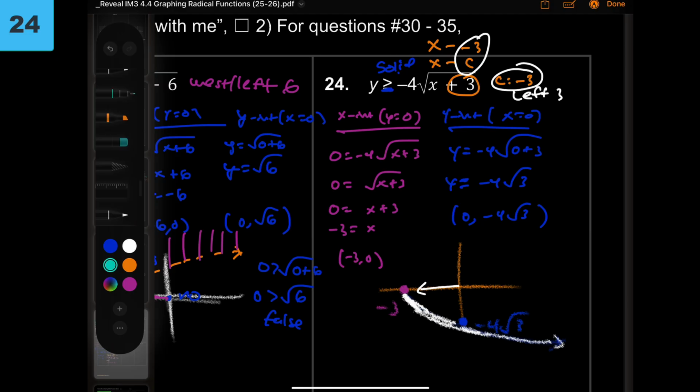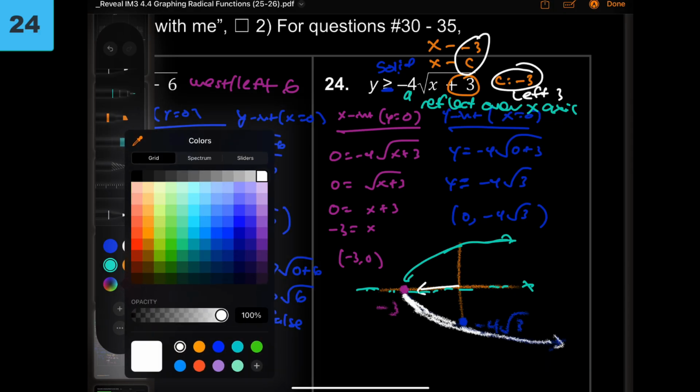The -4 is on the outside. This is your A, so your A value is -4. If it's negative, then it's going to reflect over the x-axis. That's essentially what we've done here. It's mirroring over.